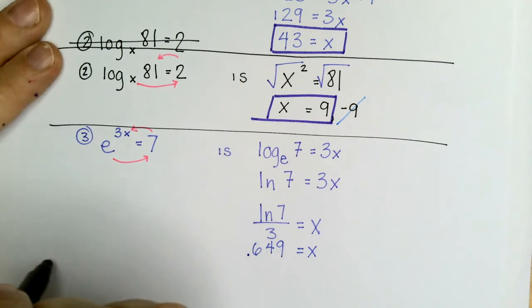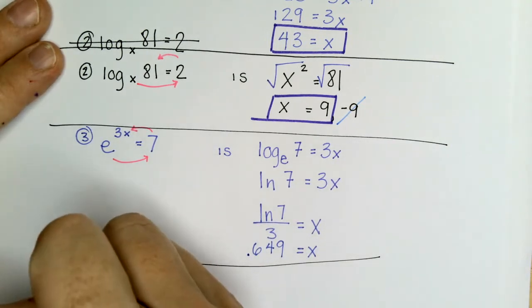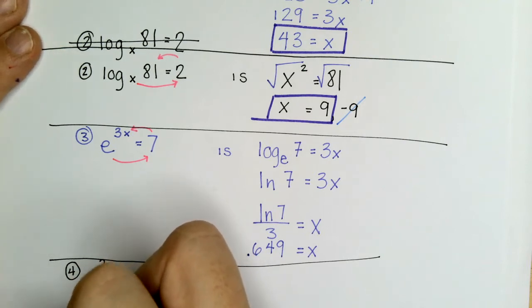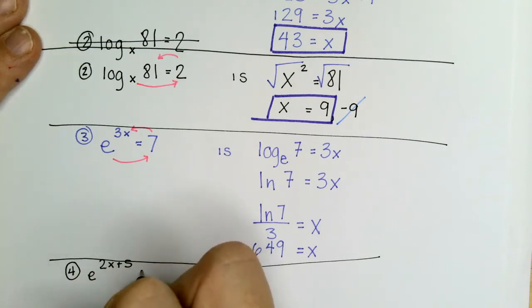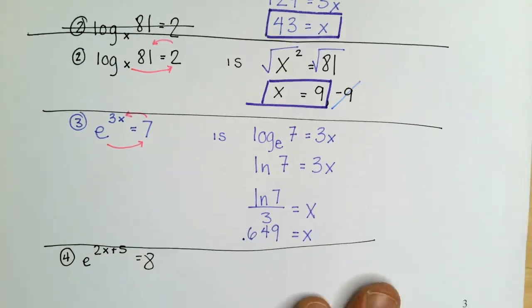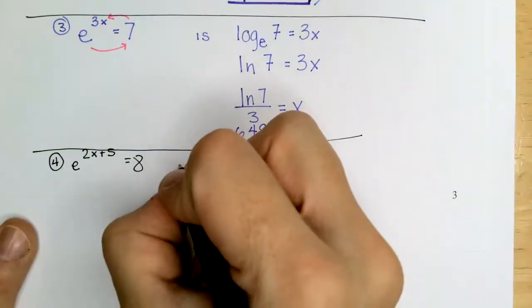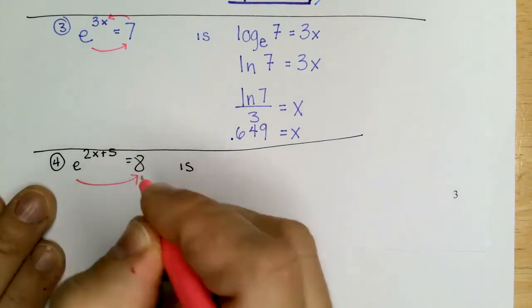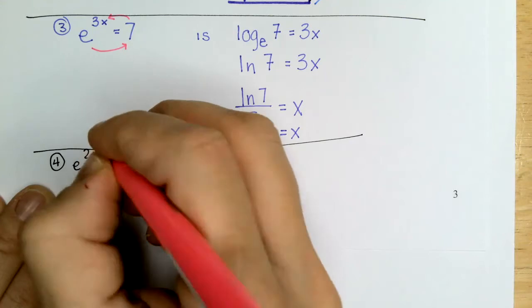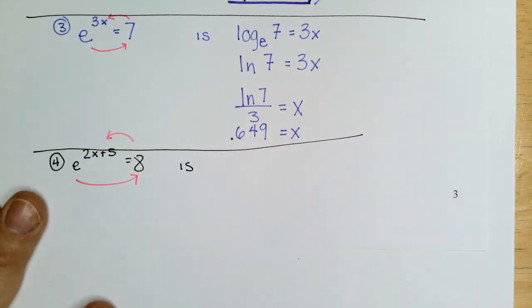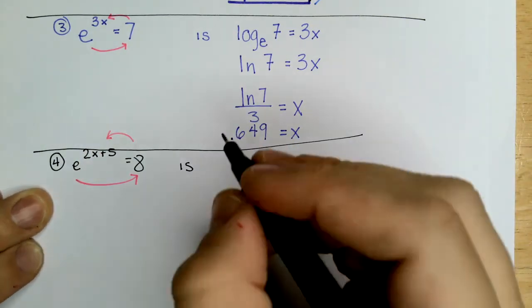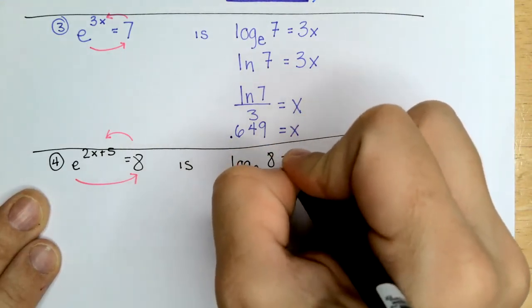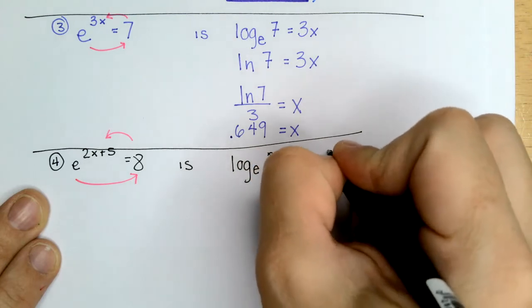All right. And our last one, number 4, is e to the 2x plus 5 equals 8. Log e of 8 is 2x plus 5.